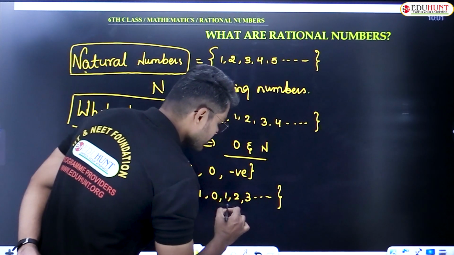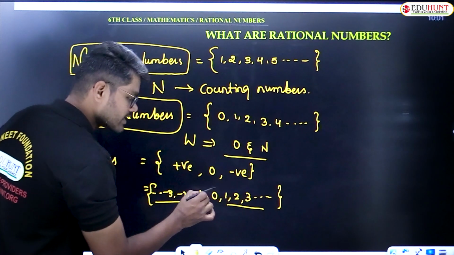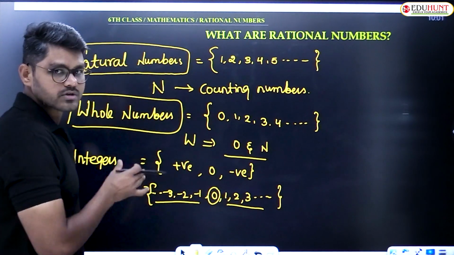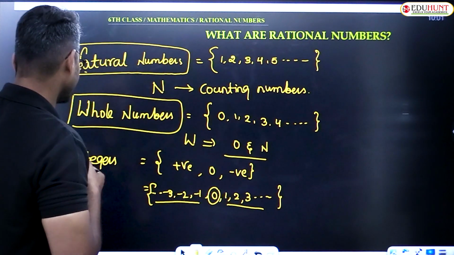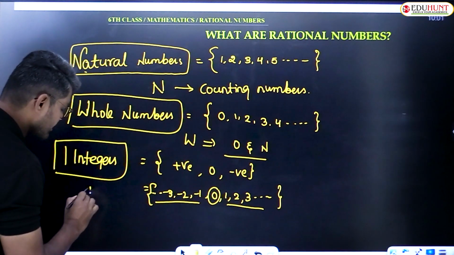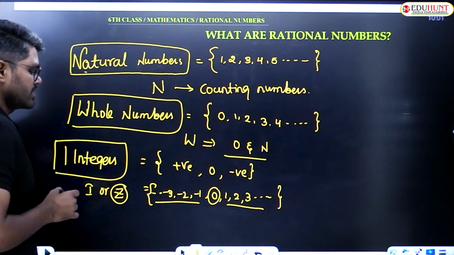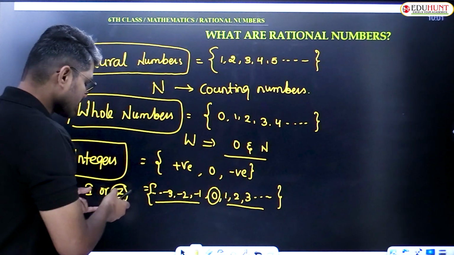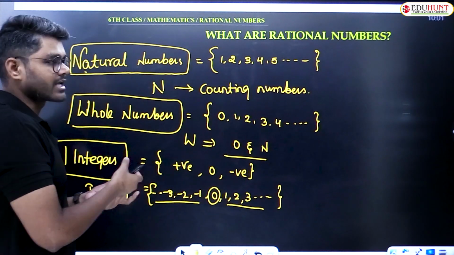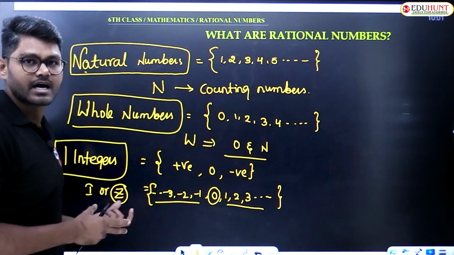These are called positive integers and these are called negative integers. Here 0 is neither a positive nor a negative integer. These integers are denoted by I or Z. Why Z? Because of the German word Zahlen. Zahlen means numbers. That's why these integers are represented by Z or I.